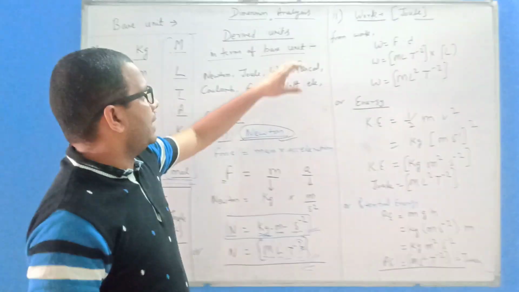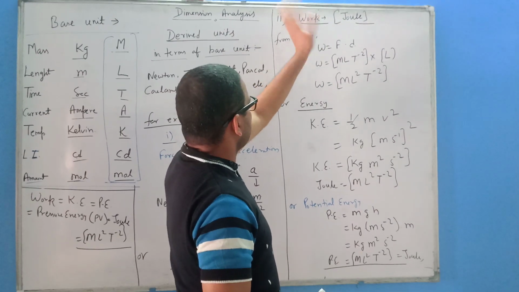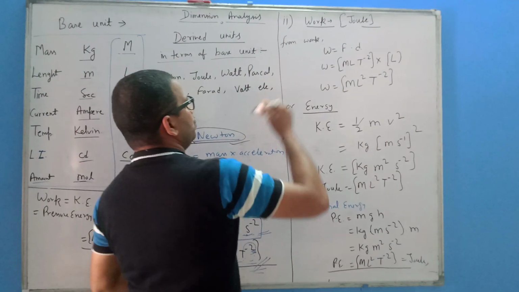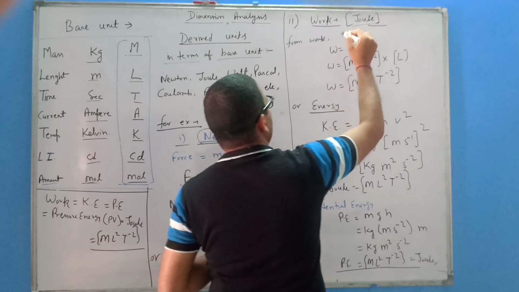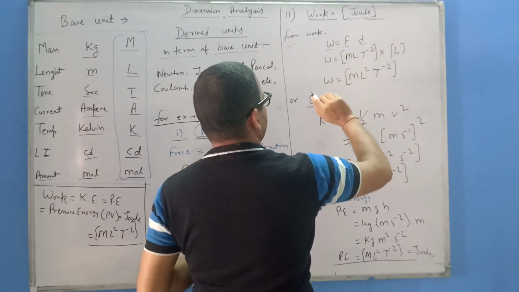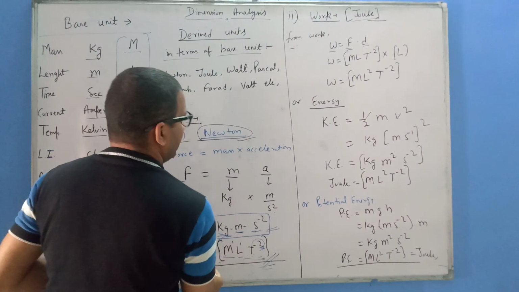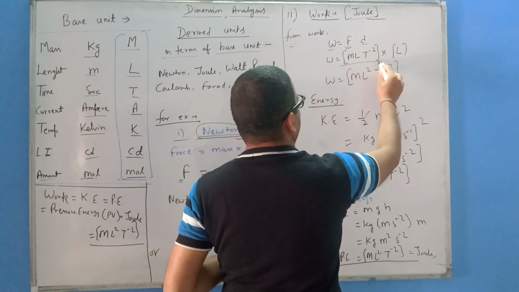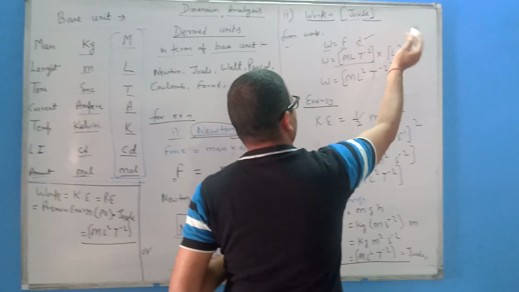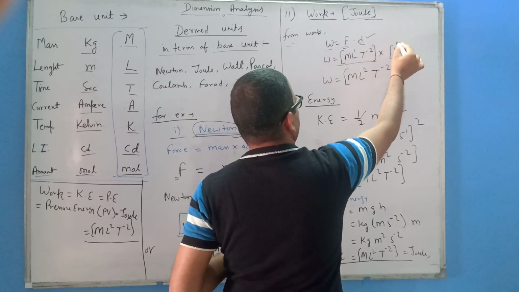Okay. The next one is work. We know work is a quantity whose unit is joule, and the formula is work equals force into displacement. For force we found MLT minus 2, and displacement is length, so L to the power 1.